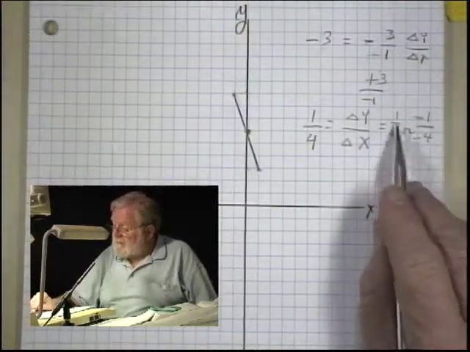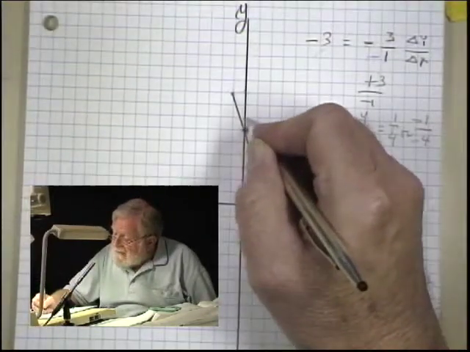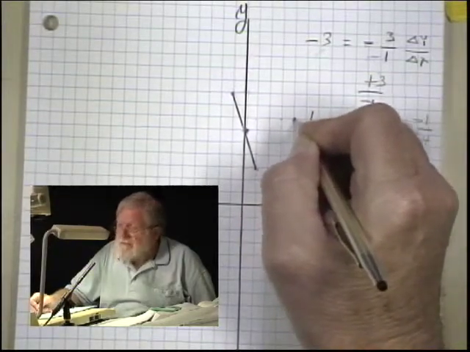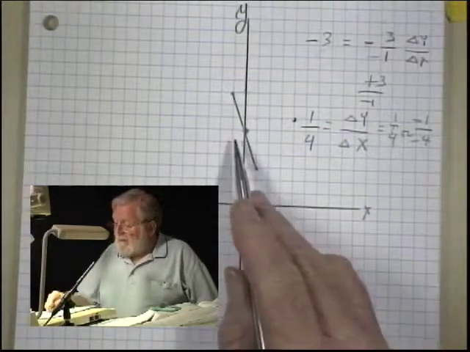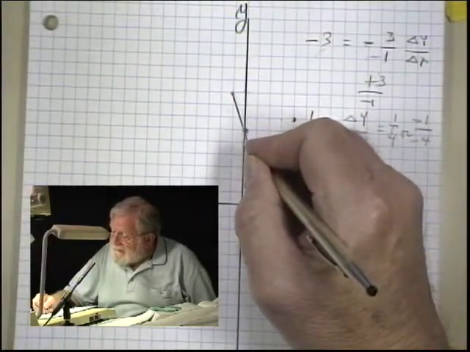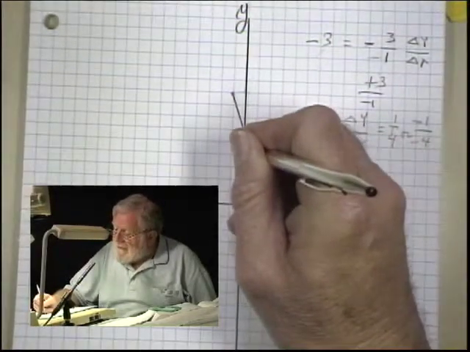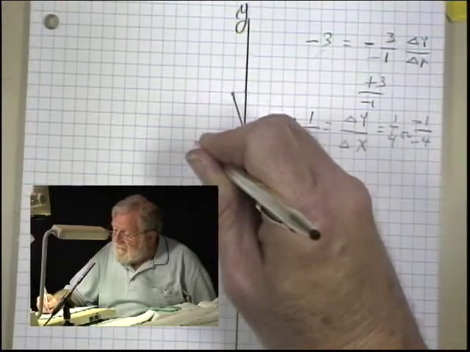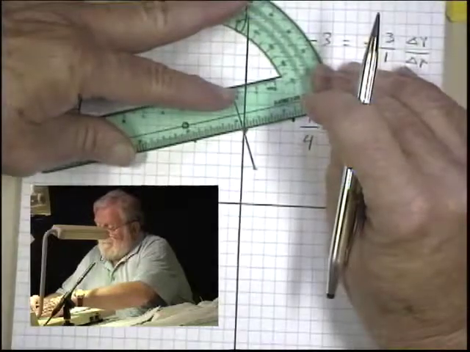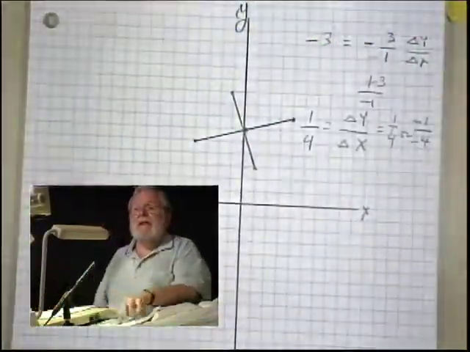So let's do this. We're going to go 1 in the y direction and 4, 1, 2, 3, 4, in the x direction. We'll start here again. We'll go a negative 1 down this way, negative 1, and a negative 4 would be a negative 1, 2, 3, 4. A slope of 1/4 looks like that.